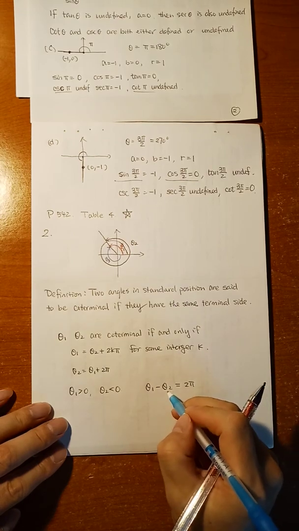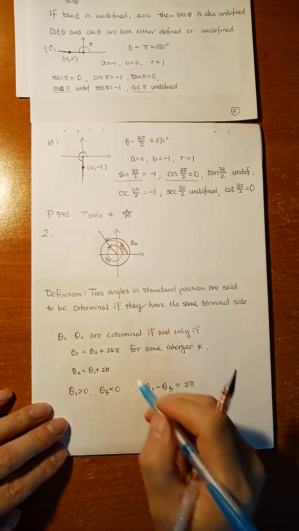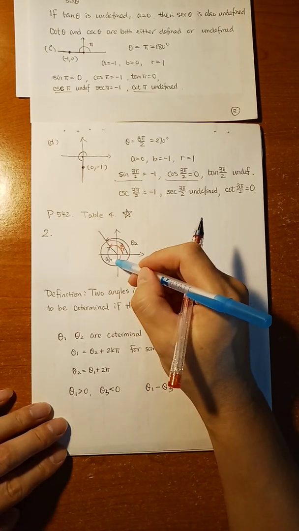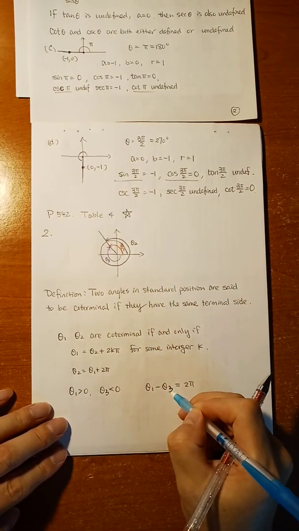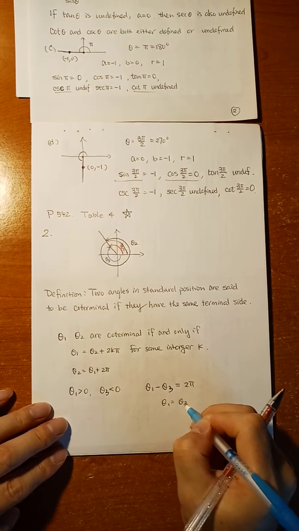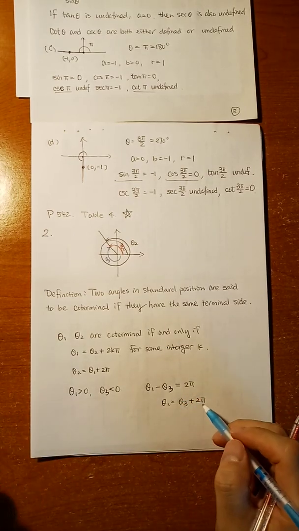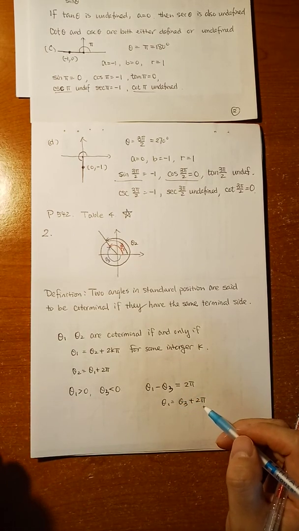Theta 3, that's my bad. I'm talking about the relation between the red and the blue one. Theta 1 minus theta 3 is 2 pi. So theta 1 is theta 3 plus 2 pi. This is also the addition of 2 pi, k equal to 1.